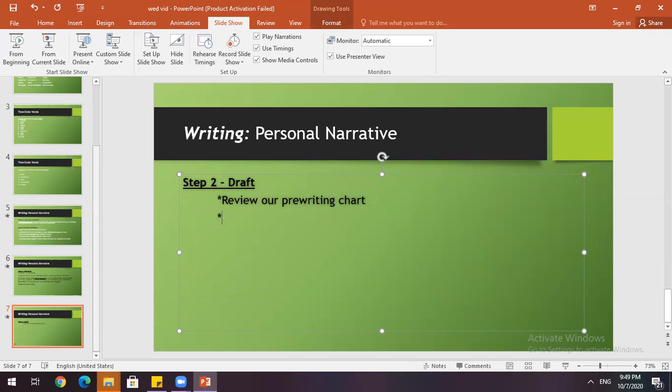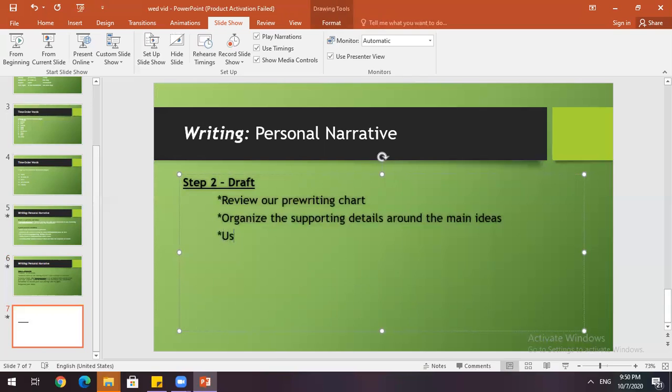Okay, so back to the steps of the draft. First, we review our pre-writing chart. We organize the supporting details around the main ideas. Next, of course, we use time order words.